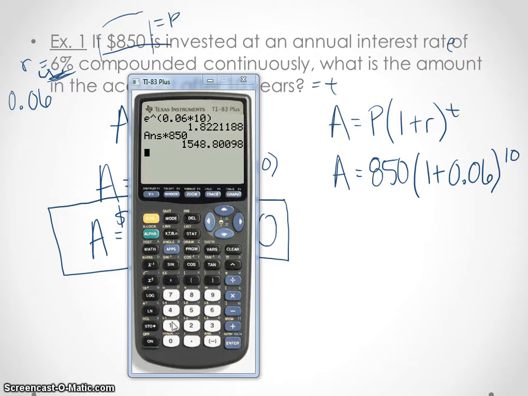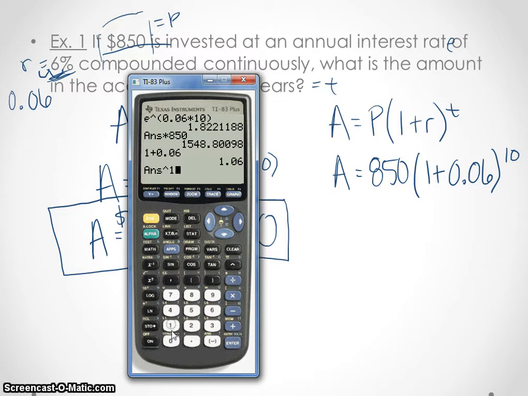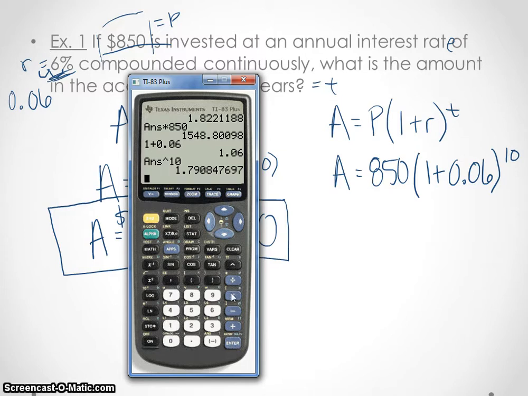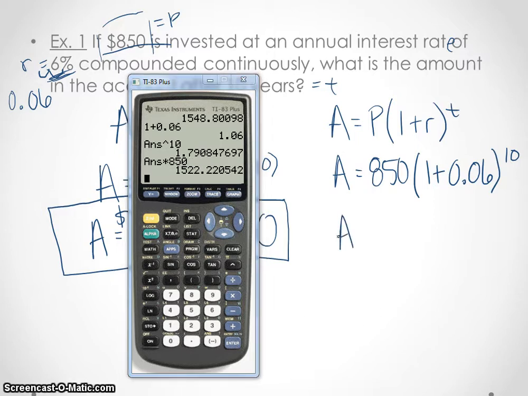So 1 plus 0.06, sorry, I forgot my decimal point, to the 10th power, and we multiply that by 850.